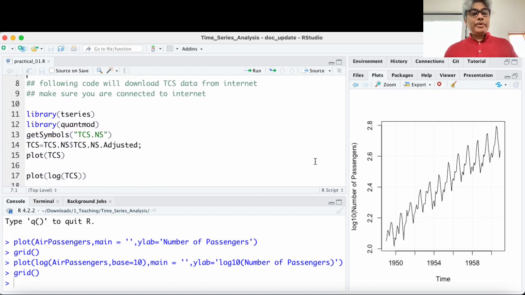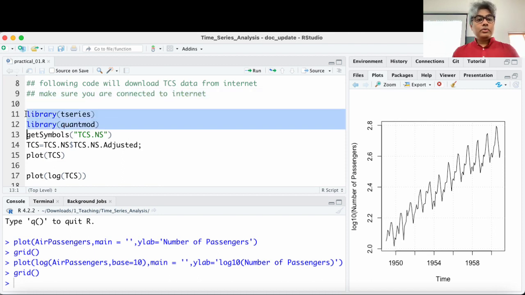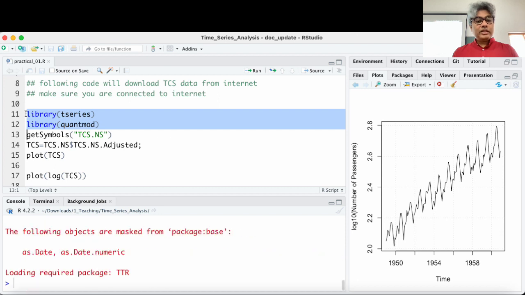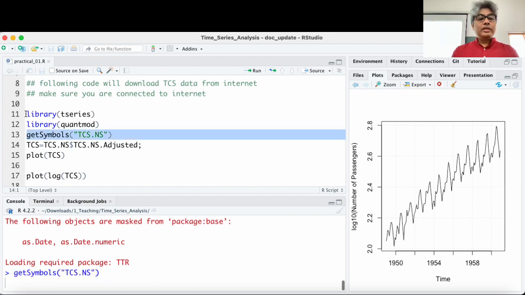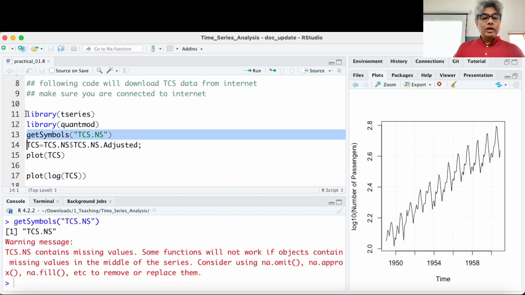Now here is the piece of code on TCS data from the internet. When you are running this piece of code, you have to make sure that you are connected to the internet. So let me just run this, the tseries package and quantmod package. Now this piece of code will draw the data from Yahoo Finance.